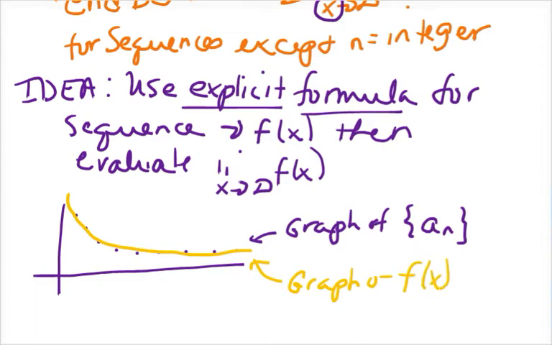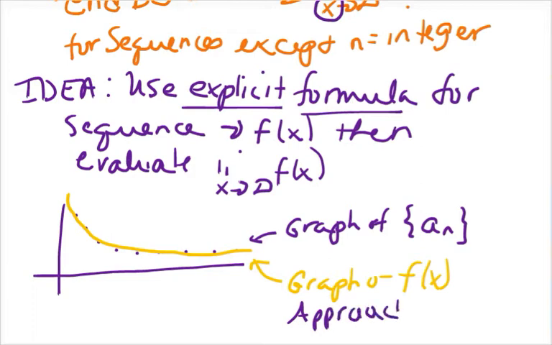I'm sorry. So the general idea is that we're going to use the explicit formula for the sequence and let that be f of x. You're going to evaluate the limit as x goes to infinity of the function, right? So if the graph of f of x approaches a limit, then the sequence is also going to approach a limit.